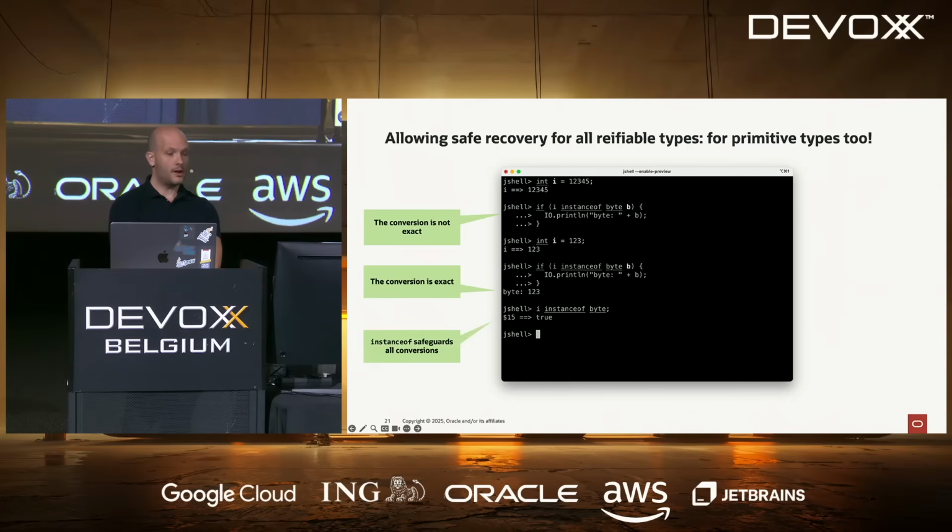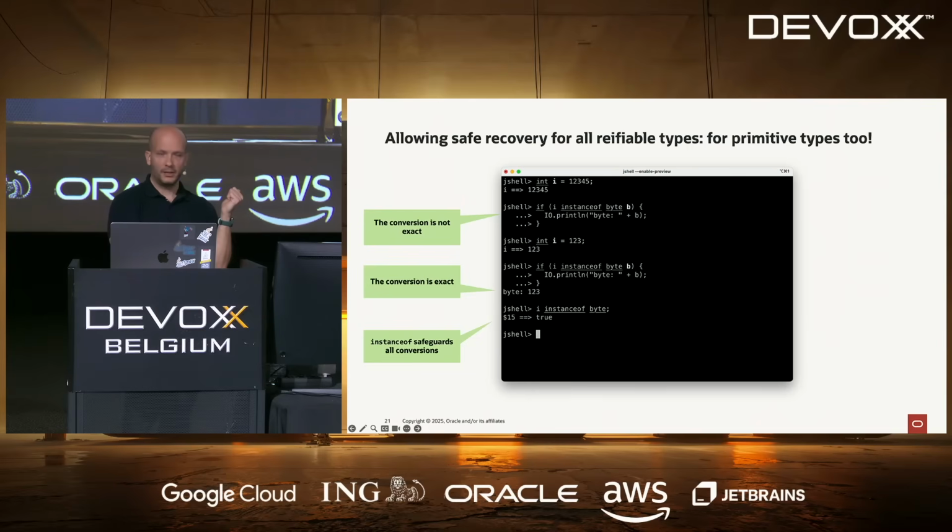And now, if we do all this work to support all reifiable types in instanceof and complete the slate of all the allowed conversions in the universe of pattern matching, why not align instanceof with this reality?